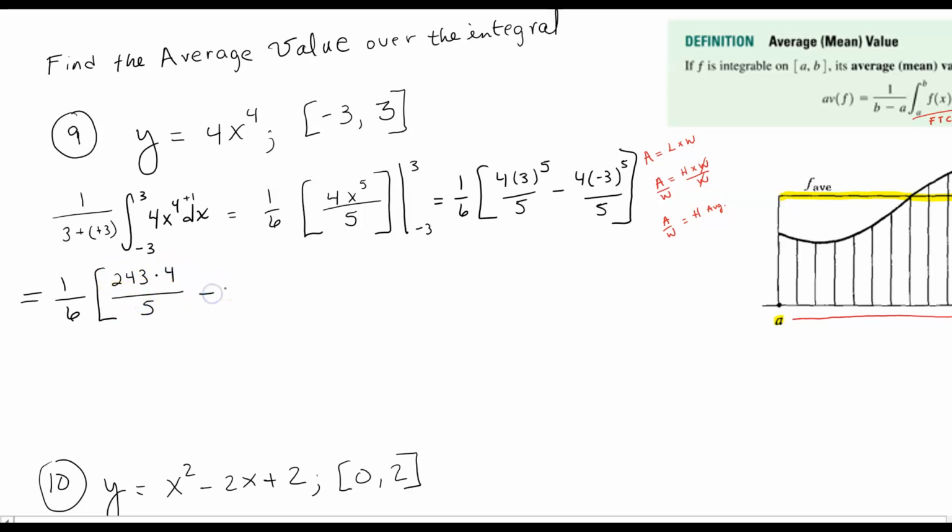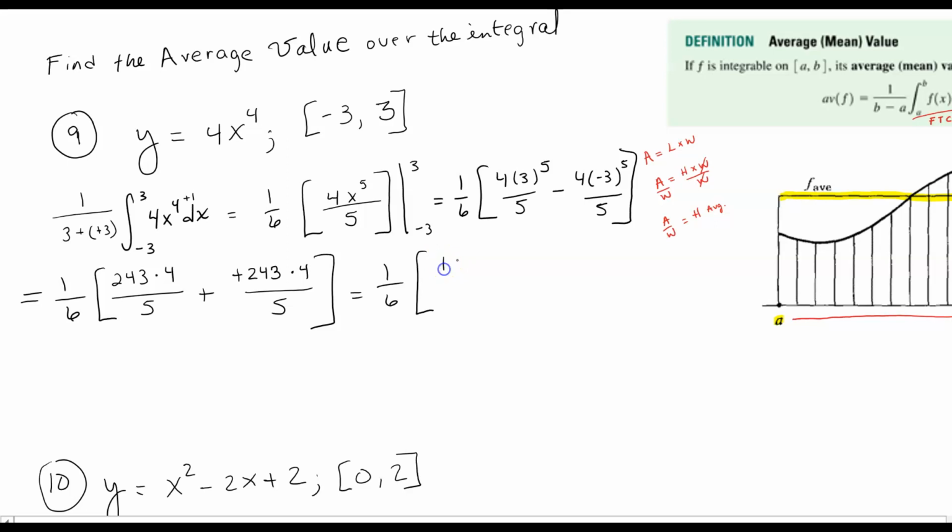Minus, and then in this case, it's going to be a negative 243 times 4 divided by 5, and the minus makes for plus. So we end up with a positive on the inside. On the inside, you do that simple calculation. You can do it on your calculator if you will.